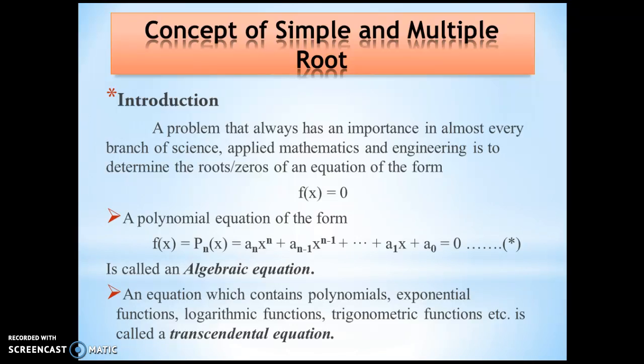It means the equation f(x) = 0 contains a polynomial, that is, powers of x, then some exponential functions like e^x and e^(2x) and so on, logarithmic functions, that is log, and then trigonometric functions, that is sine, cos and so on. If the equation contains these functions, then it is said to be a transcendental equation.